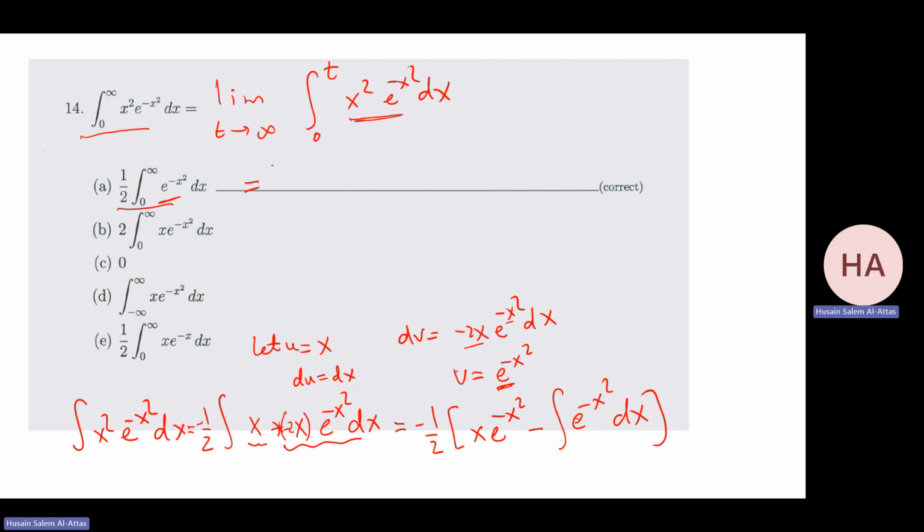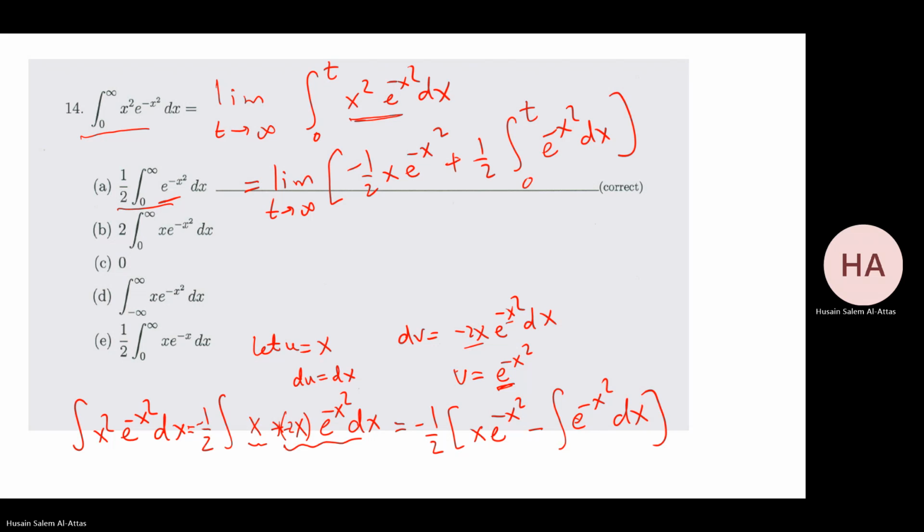So this one can be written as limit t goes to infinity of minus half x e minus x squared plus half integral 0 to t e minus x squared dx. This is the limit as t goes to infinity.